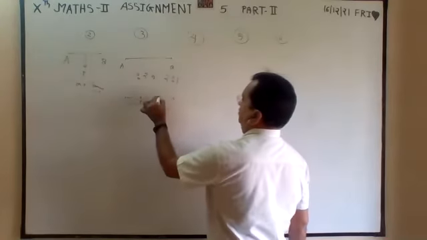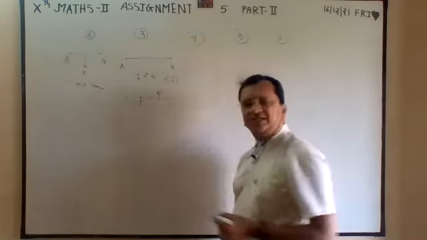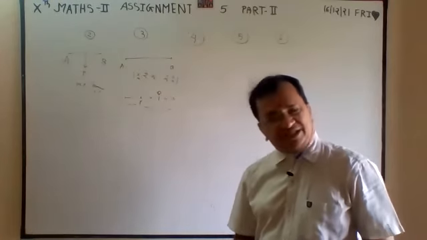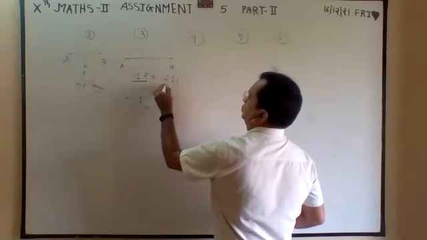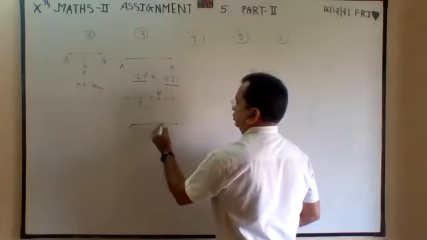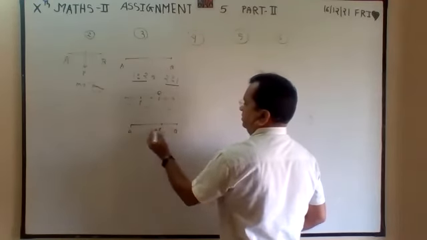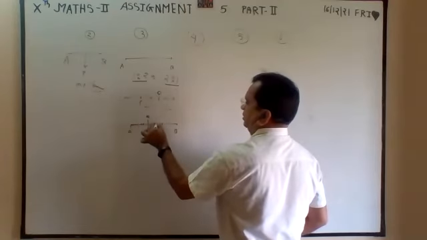Then by midpoint formula, Q. So all 3 parts are equal. If you want trisection, you can take 1:2 or 2:1. If it is 2:1, so 2 part and 1 part. So P here, AB here. Then take midpoint. So it is Q. So 1, 2, 3.